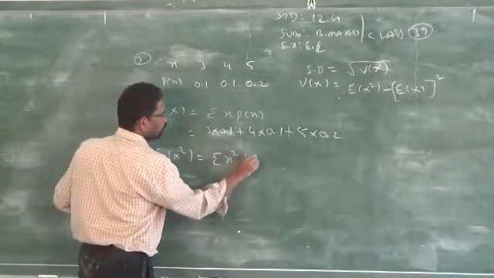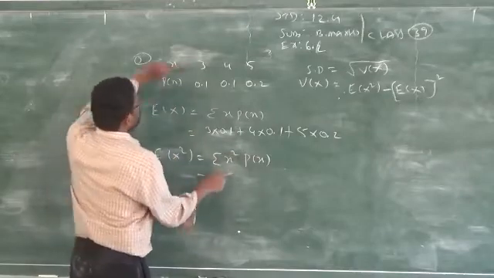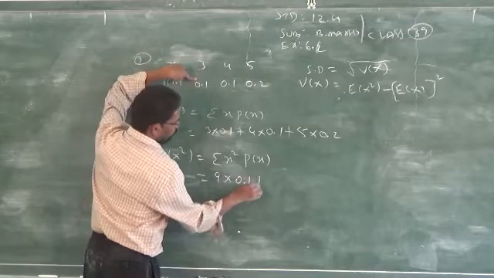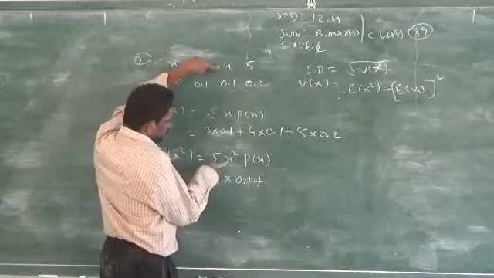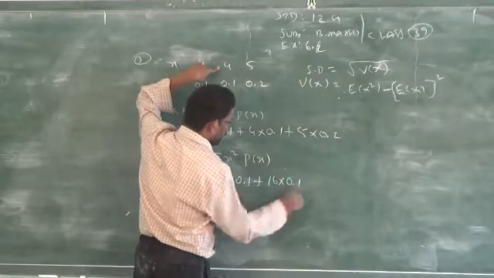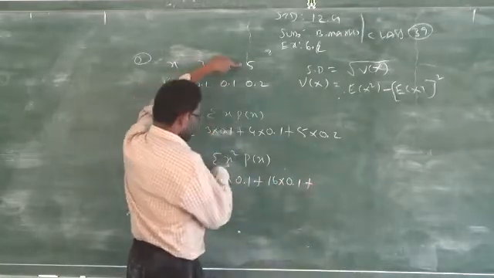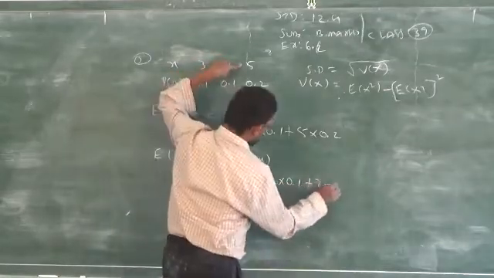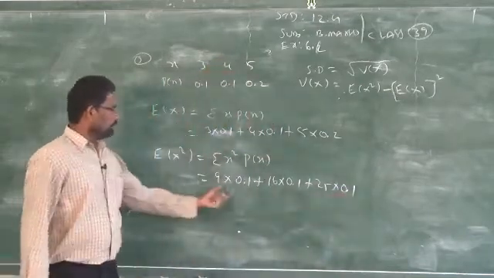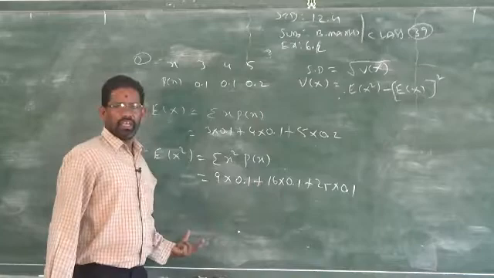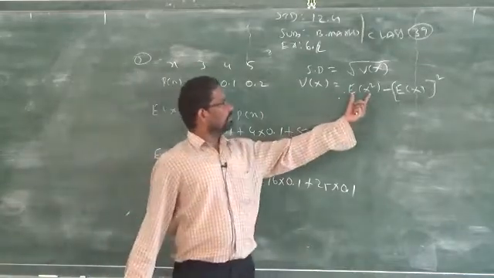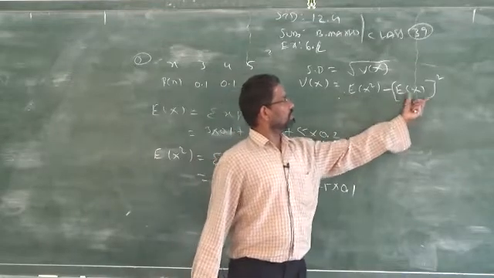X square into P of x, which means you have to square this number. 9 into 0.1 plus x is 4. 4 square is how much? 16 into 0.1 plus next one 5. 5 square is how much? 25 into 0.1. Now you can as usual multiply, find the answer, and substitute this answer in the place of E of x square minus E of x the whole square.